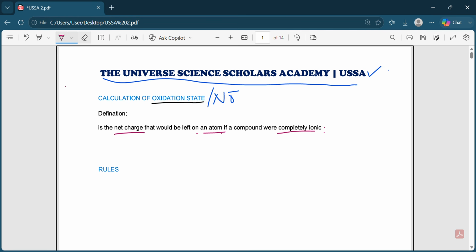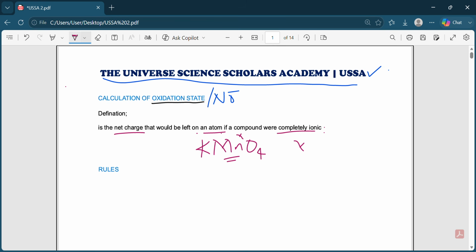For example, let's say we had this compound and we decide to ionize this and we only want to get the oxidation state probably that is left on manganese, and that is X. We are trying to look for that oxidation state left on manganese, which we are referring to as X specifically.